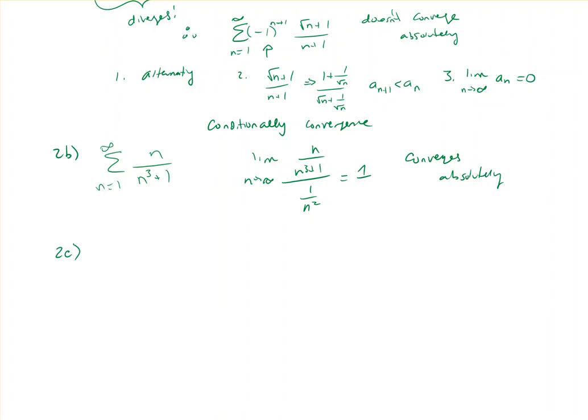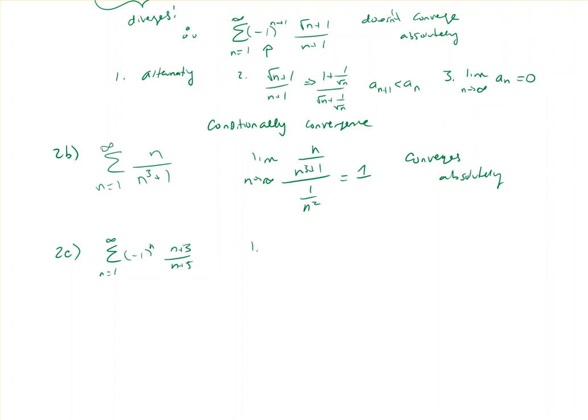Oh, this one looks tricky. Well, why is it tricky? Well, first of all, it's clear as day, to me at least. It's not going to converge conditionally, not going to converge absolutely. Well, hold on.